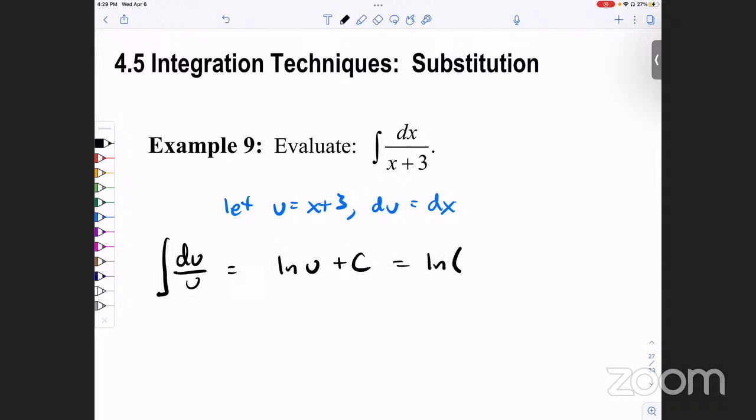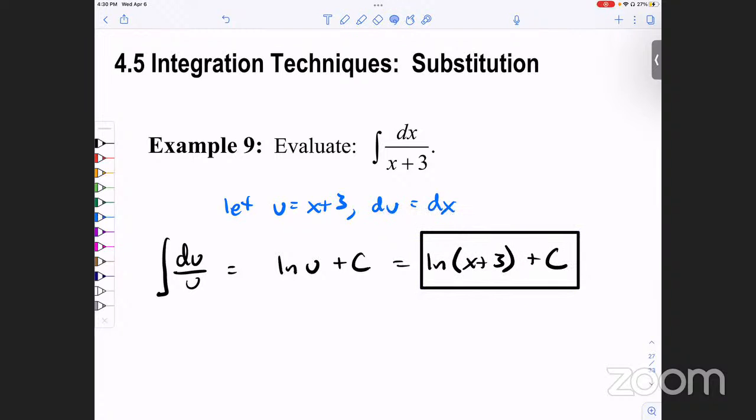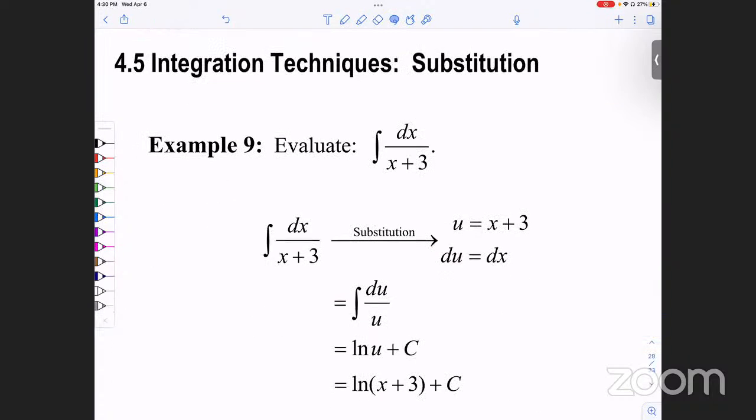The natural log of x plus 3 plus a constant. So they let u be this, the du was this, they got the integral of the same thing. Okay, let's keep going.